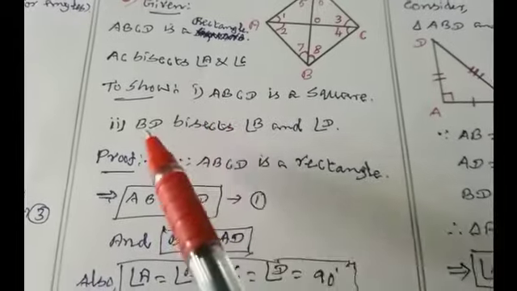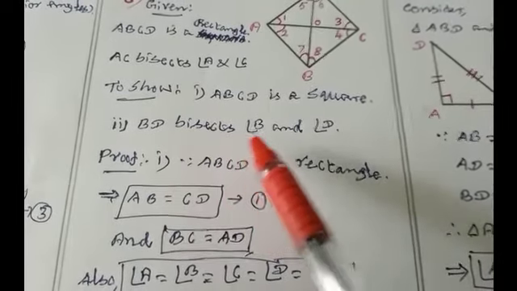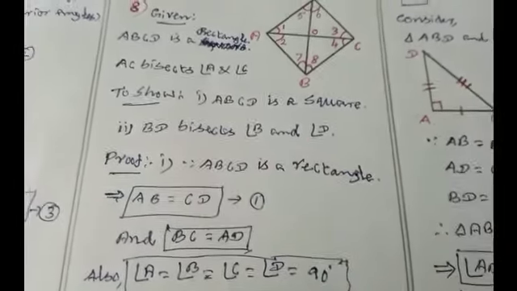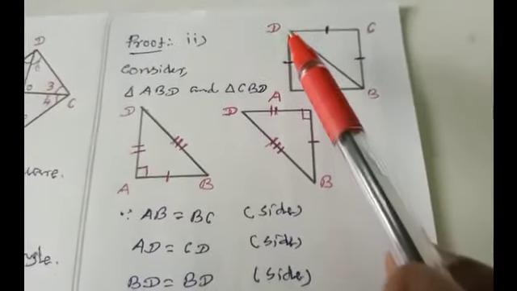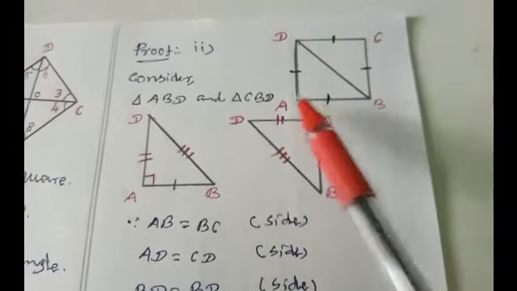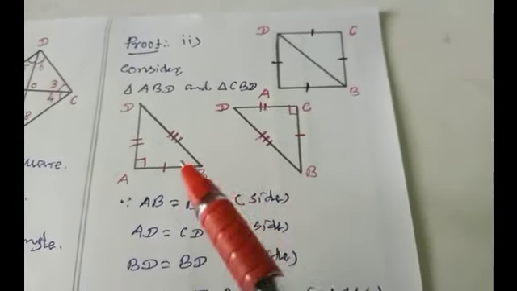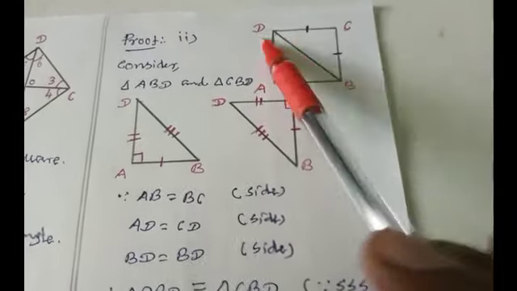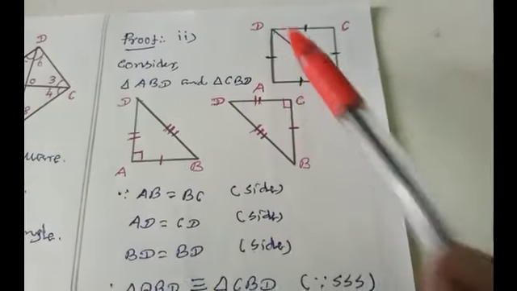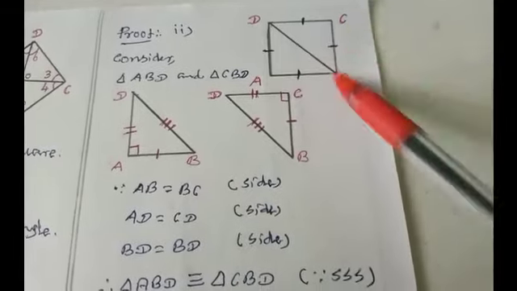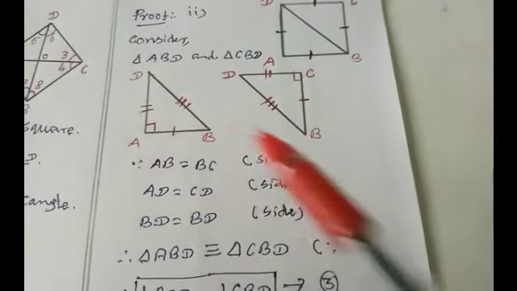Now we have to prove the second subdivision, BD bisects angle B and angle D. Now let us consider this is the given square ABCD. Let us consider the two triangles ABD and CBD.